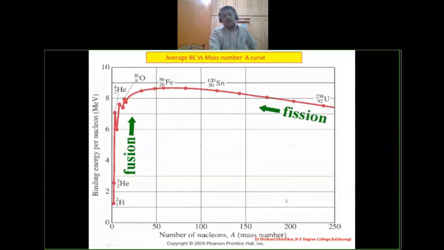These are called heavy elements because there is a very large number of nucleons. Mass number is above 200, so they have 200 nucleons inside a nucleus. Therefore, its mass is heavy. It's a heavy nucleus. So uranium is 238.